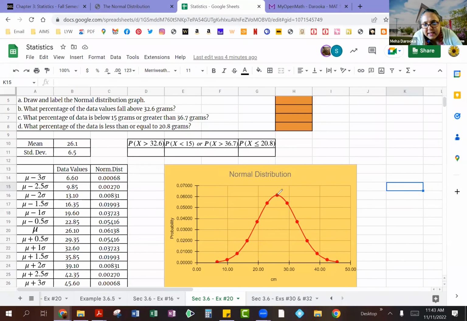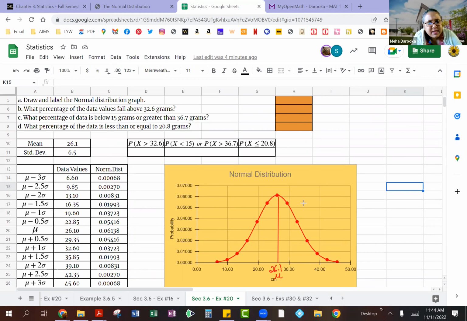All right, so again, in the very center will be our mean, somewhere over here, and that is at 26.1. So that's our mean.